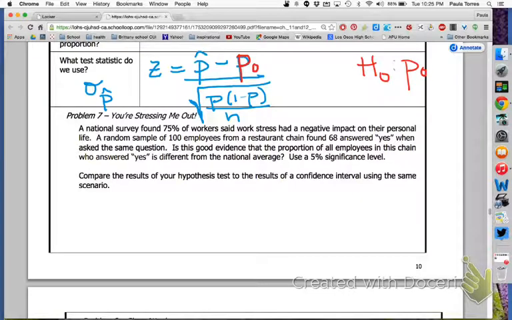And then inside the standard deviation, I'm also using the null p. So I say that when you're testing, you use the POPO. And when we do intervals, intervals are hat parties in that they use p hat.